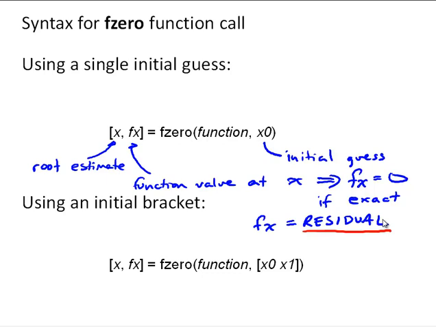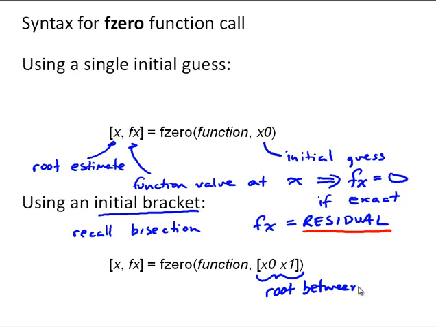A second way of calling the fzero function is with an initial bracket, similar to the bisection method. Now when we call it with an initial bracket, it's always going to search for a root between those two numbers, x0 and x1.